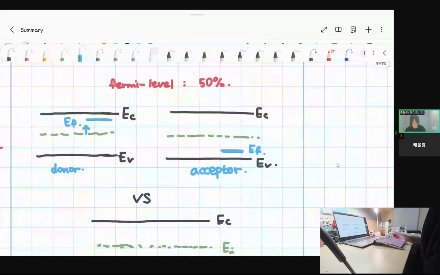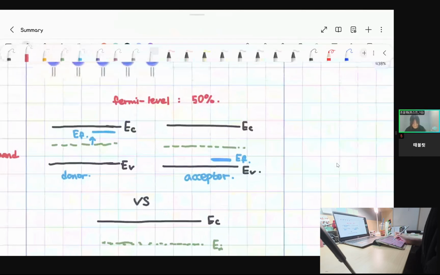So by doping, by receiving just a little energy, we can excite the electron, and we can make current flow more easily.